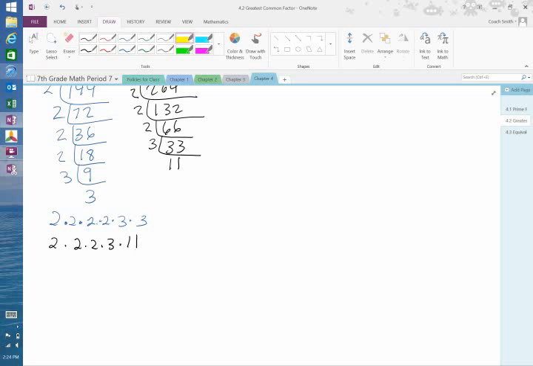This is another way to do it where we list both prime factorizations, one on top of each other, and then I just go through and circle the ones that are common.